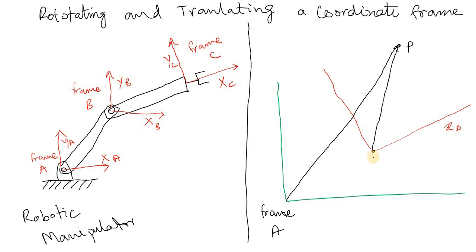This is delta y, the distance between frame A origin and frame B origin. And here we have delta x.